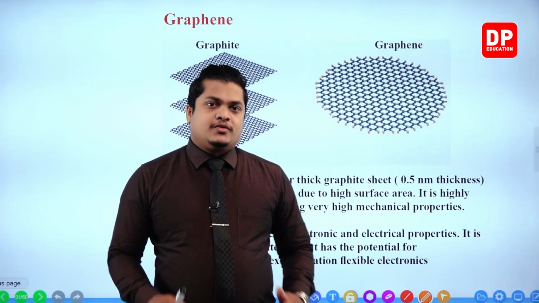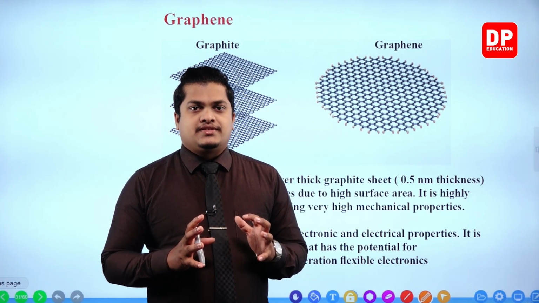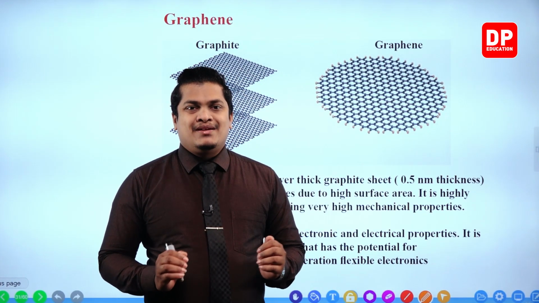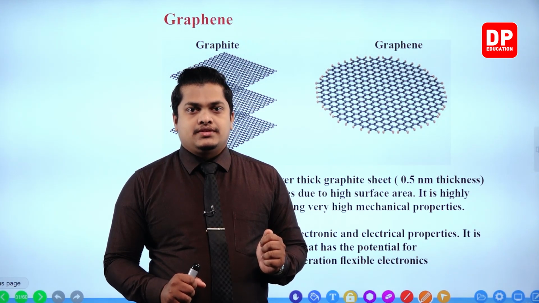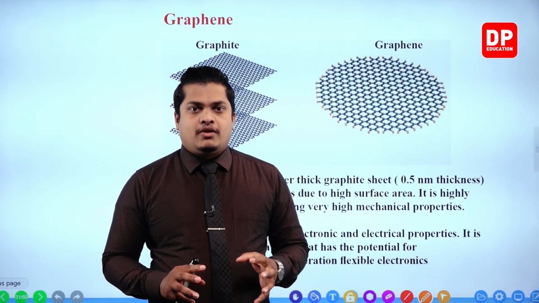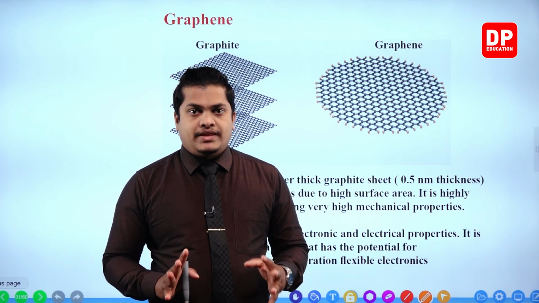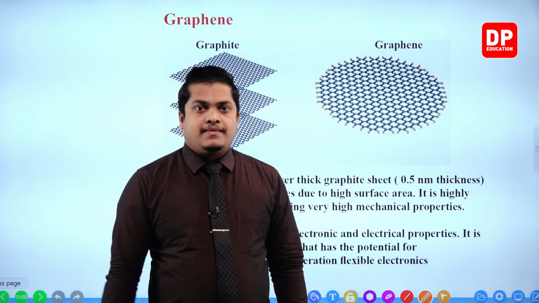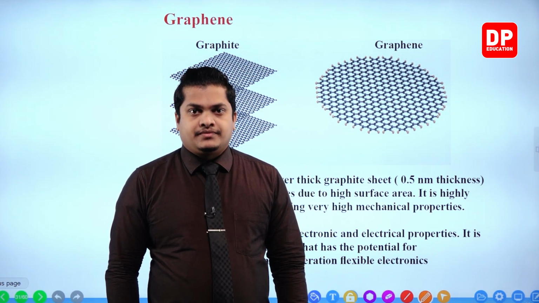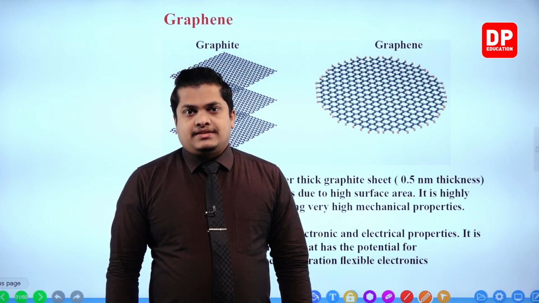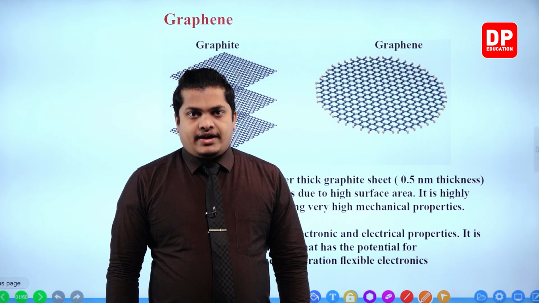Right, my dear children. So we have discussed the things related to carbon-based nanomaterials. I hope that you got the idea about these carbon-based nanoparticles very well. Over there we discussed diamond and graphite.